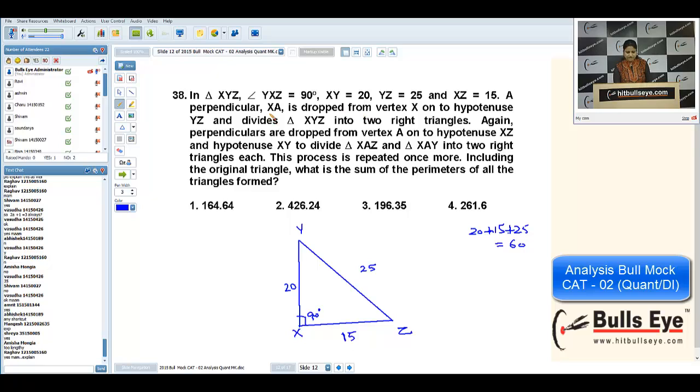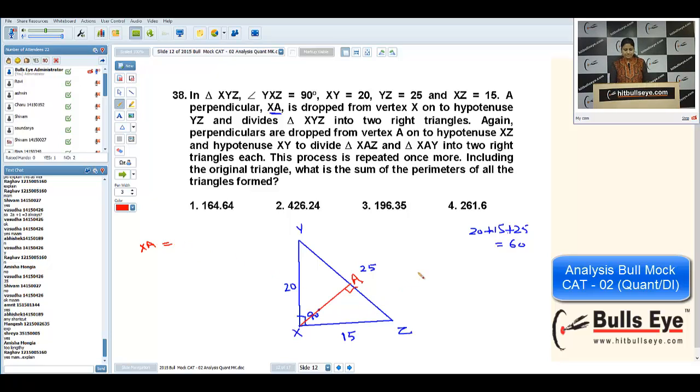Now what is done? A perpendicular XA is dropped from vertex X onto hypotenuse YZ. I am finding the value of XA.